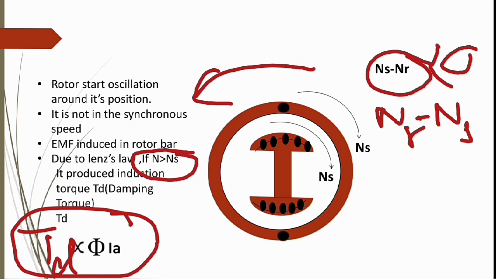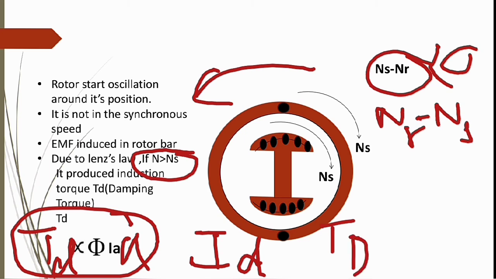That induction torque depends on phi a and id, the armature flux and the damping current, the current in the damping bar. So what is the role of Td, the damping torque?